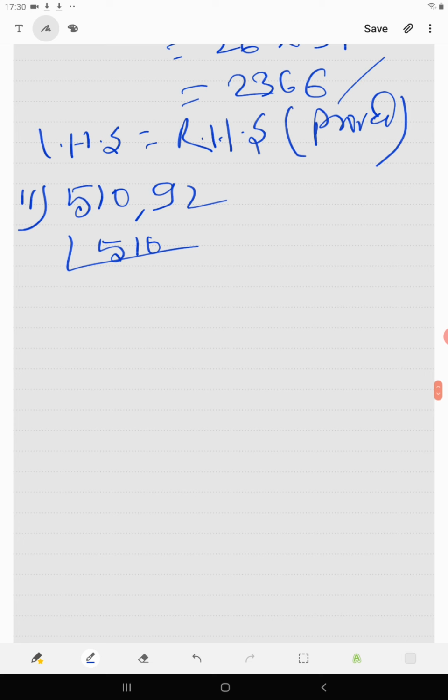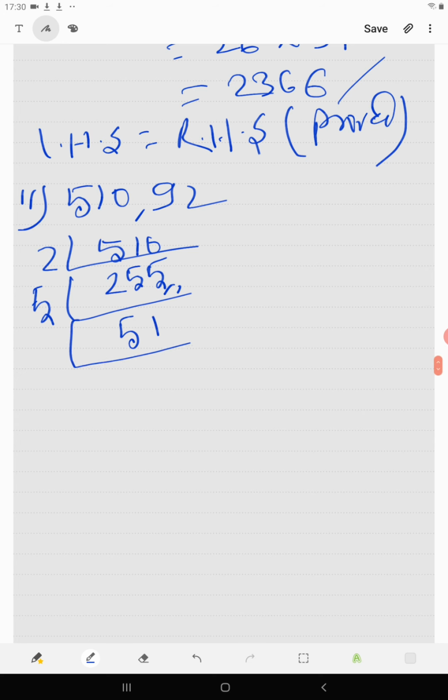Since 0 is there, it will go by 2 and 5, remember that. So 2 twos are 4, 1 carry, 2 fives are 10, 1 zero, 2 fives are 10. Now 255 is there, it ends with 5, so it will go by 5. So 5 fives are 25, 5 ones.